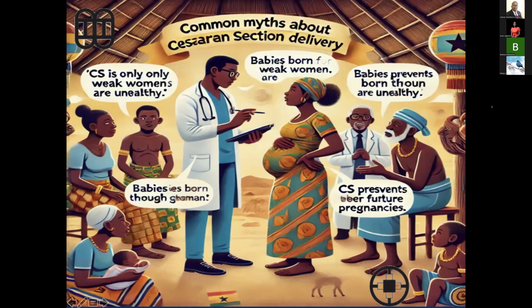Okay, so we just have to keep in mind that whatever we are talking about, we should keep in mind the cultural practices and where we find ourselves. And we know there are myths we are trying to dispel. So it's an idea we've been having over the period.